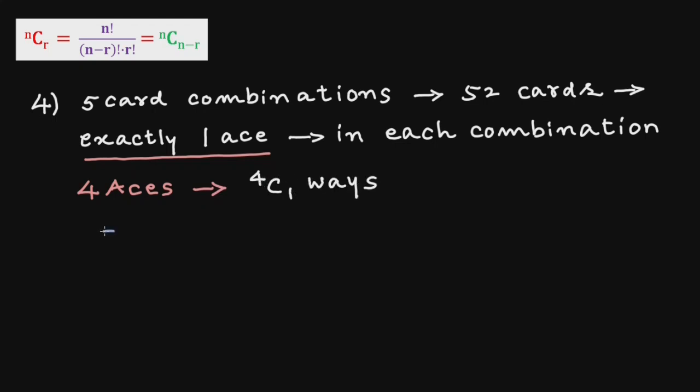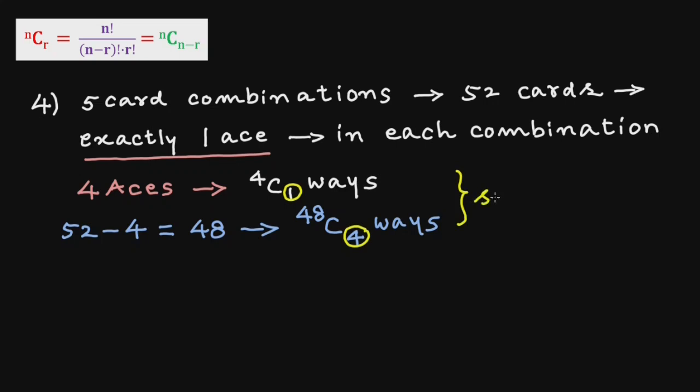We have to subtract these 4 aces from 52 cards, so we are left with 48 cards, and out of these 48 cards we have to choose the remaining 5 minus 1, that is 4 cards, out of 48 cards in 48C4 ways.